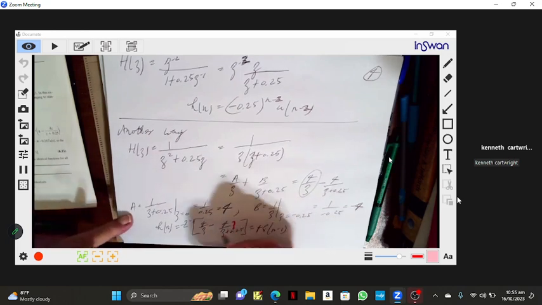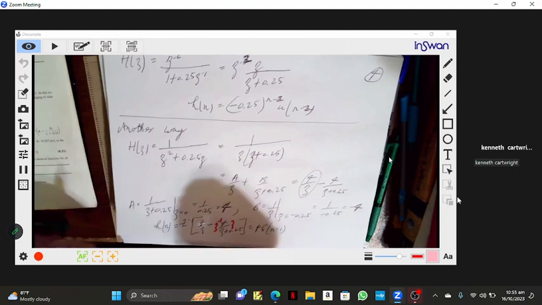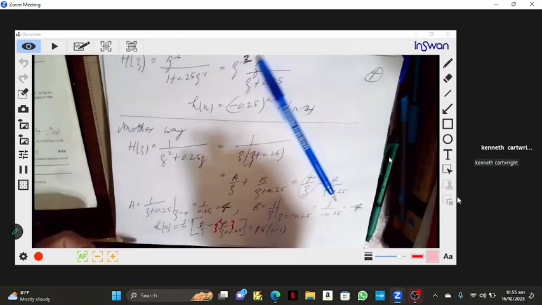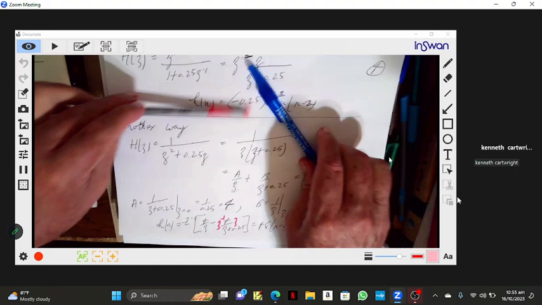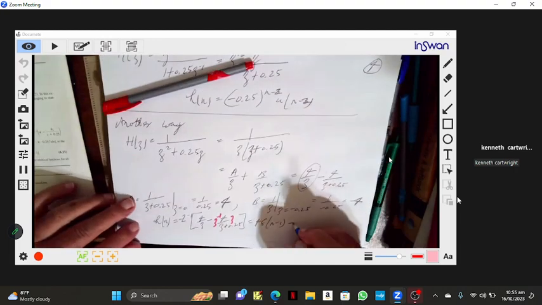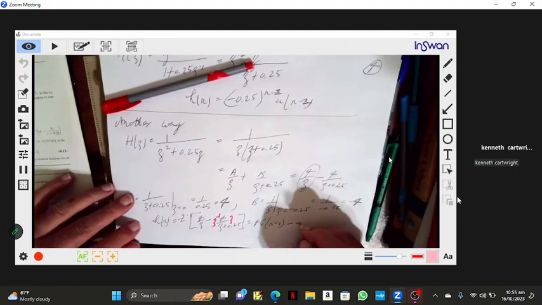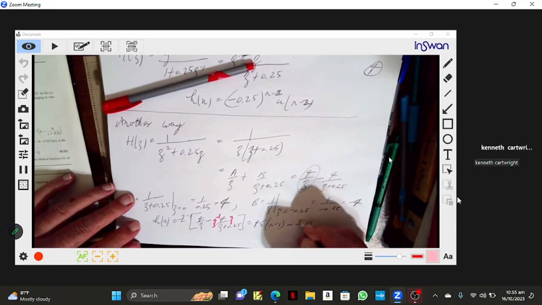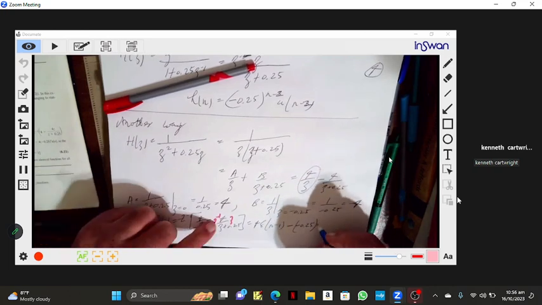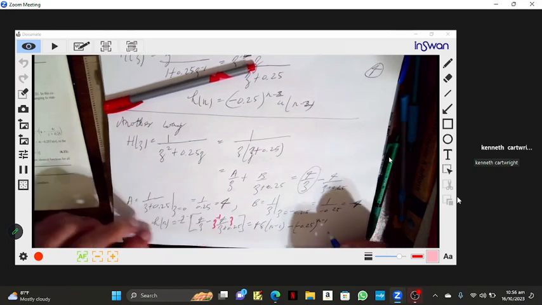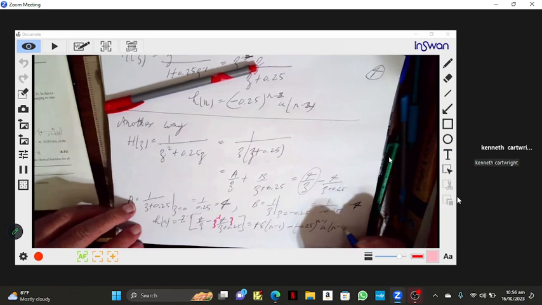The second one is z to the negative 1. That would be minus negative 0.25 to the power of n, but it says n minus 1, u of n minus 1.